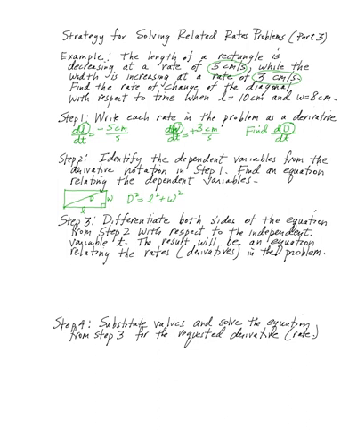Step 3, take the equation in step 2, which is D squared equals L squared plus W squared, and differentiate both sides of it with respect to the independent variable time.